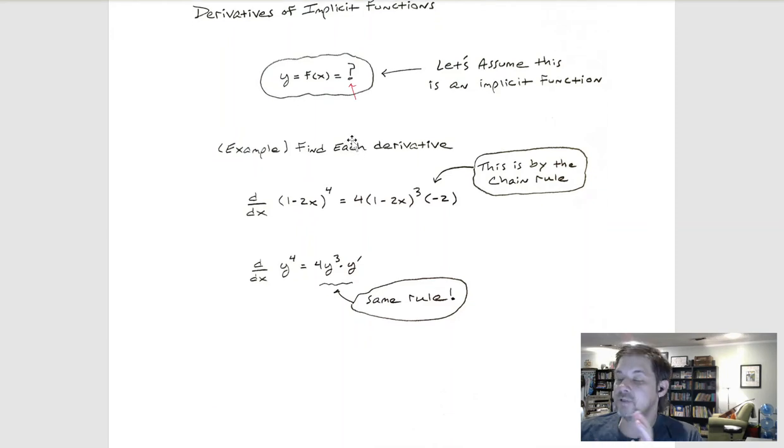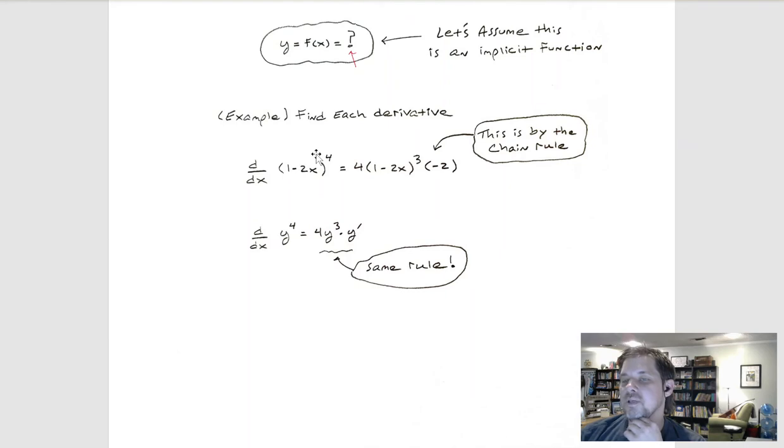Now, I want to talk about how you would find the derivative of y if it was an implicit function, meaning that y wasn't solved in terms of x. I want to do that by comparison. So look at these two and compare one versus the other. What's the derivative with respect to x of (1 minus 2x) to the fourth power?